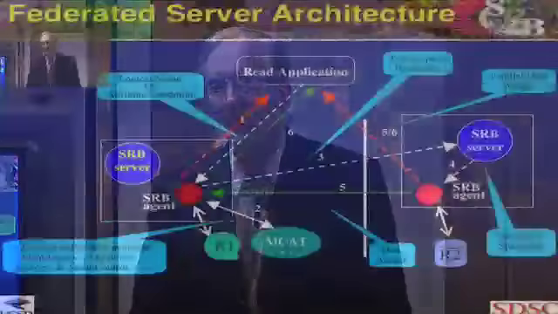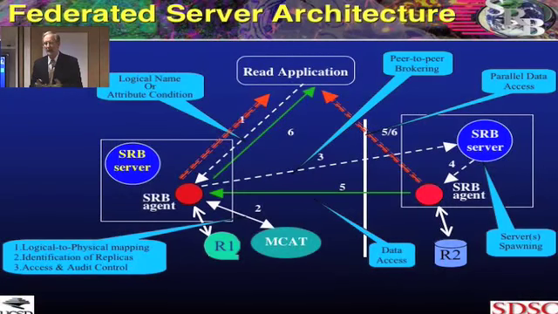The way this works is each location where data is going to be stored has a software server installed. And then from the client, from the application that's trying to get to this data, we talk to a local SERB server.